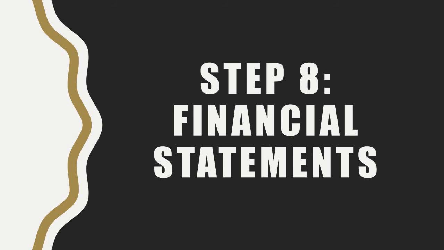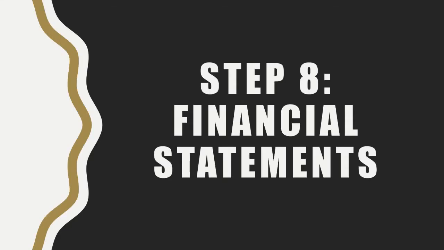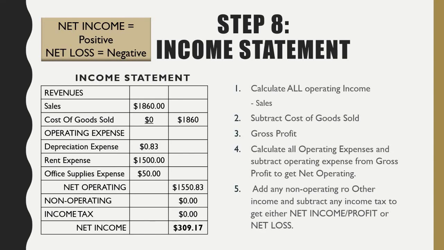What the financial statements are going to entail is primarily your adjusted trial balance, which is going to help you produce your financial statements. For the first one, when we dive right into our income statement, we're picking information from our adjusted trial balance. Things like sales.